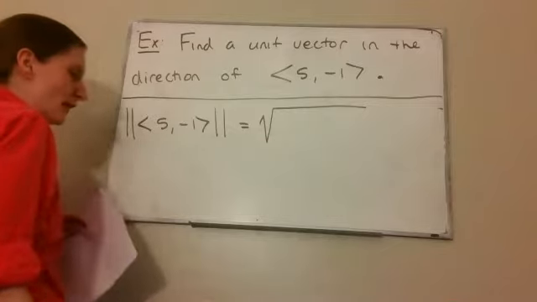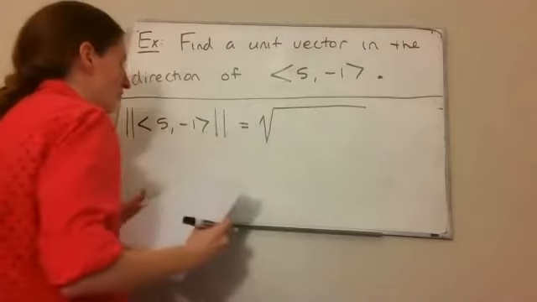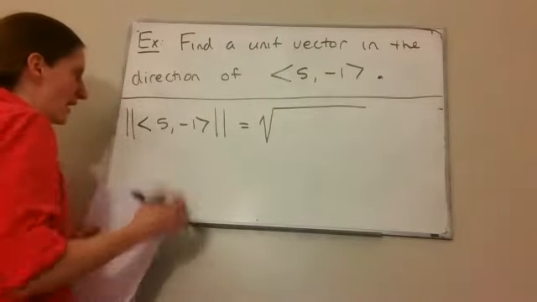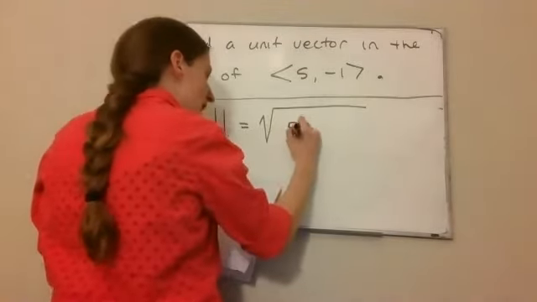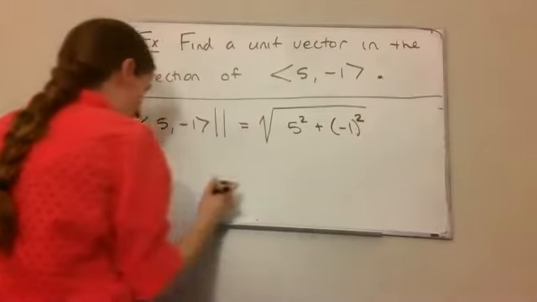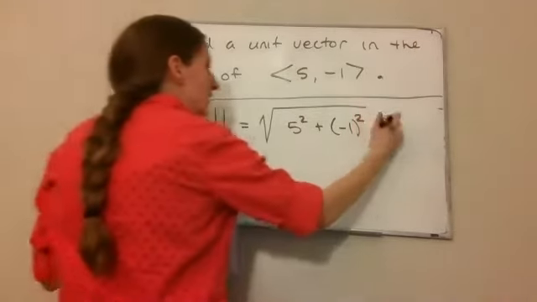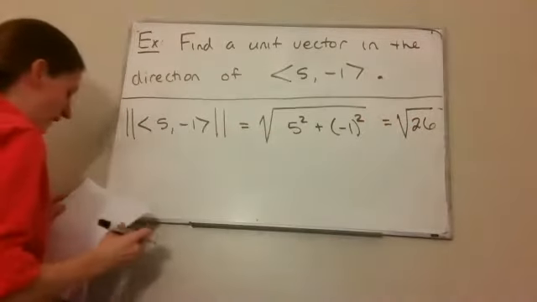Remember, your distance formula was the change in the x's and the change in the y's squared underneath the square root. And I know my horizontal change is 5 and my vertical change is -1. So I have 5 squared plus -1 squared, and that will get me my magnitude, which is the square root of 26.